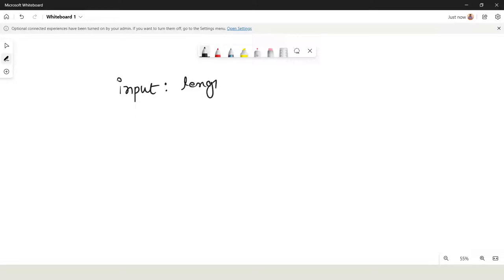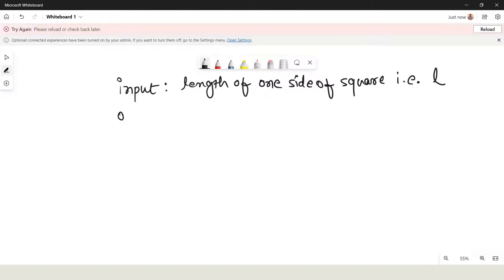Length of one side of the square, that is L, small l. And what should be the output? Area of the square, let me specify, with side length L.